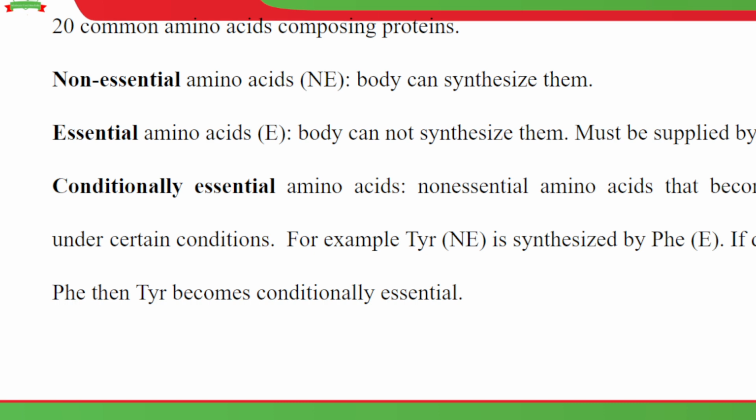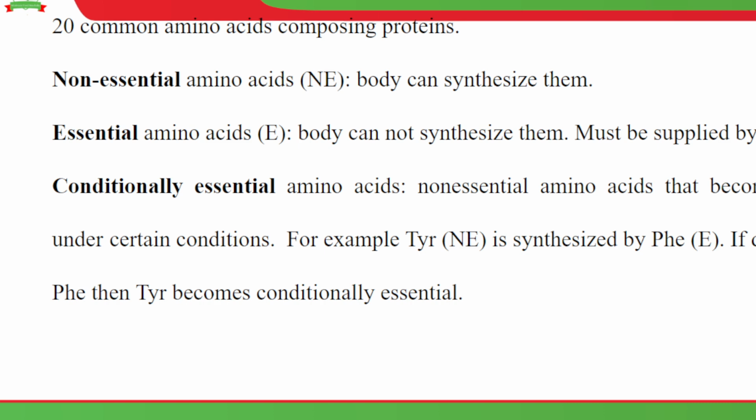So what happens if you don't have phenylalanine, which is an essential amino acid that your body cannot synthesize? You're supposed to take it from the diet. Then tyrosine becomes an essential amino acid.